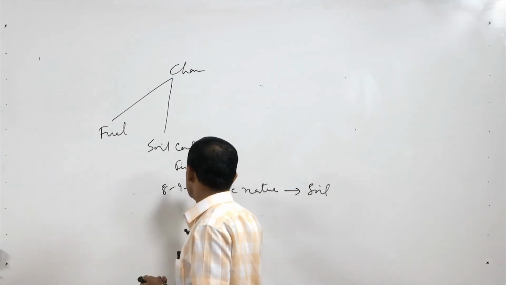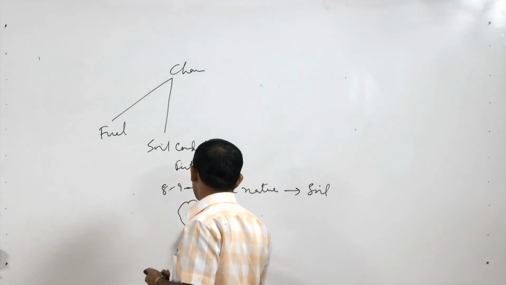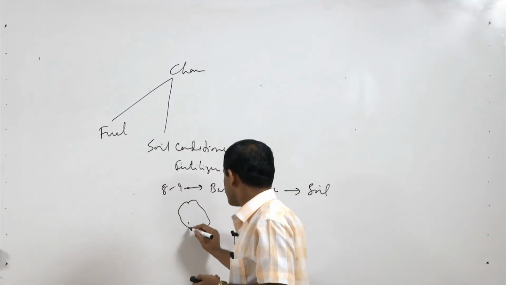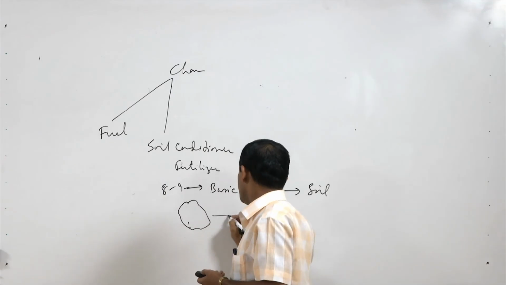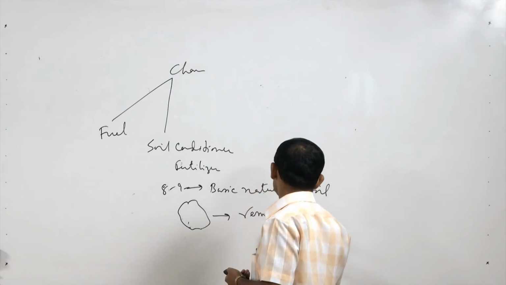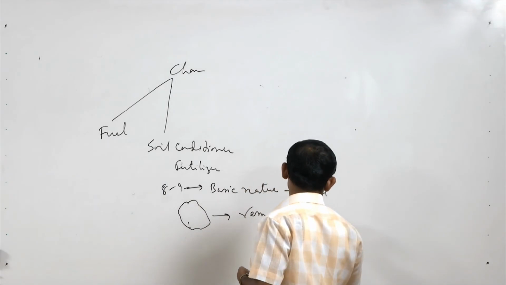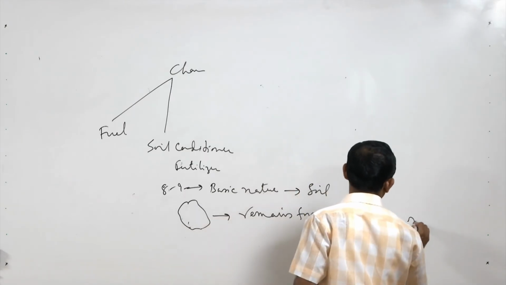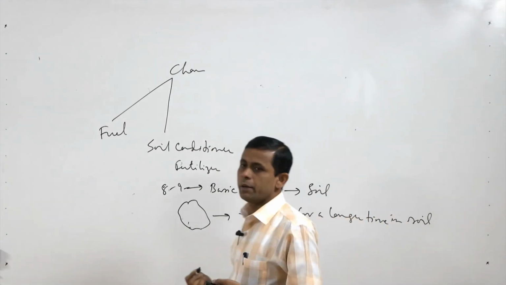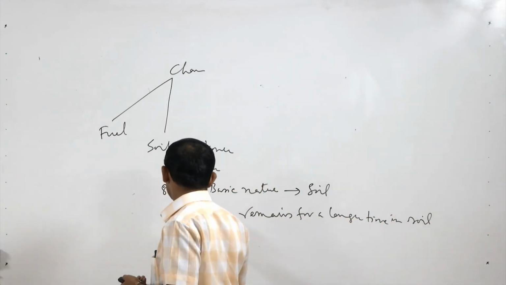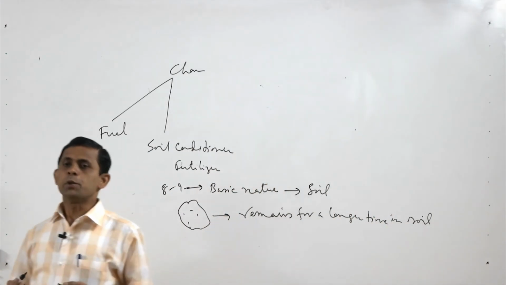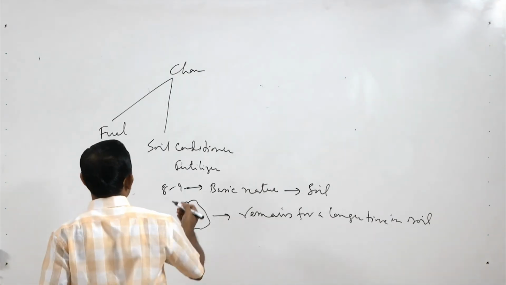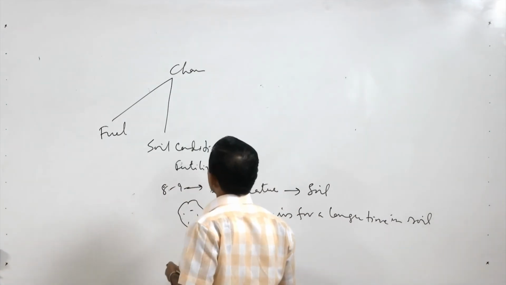So, highly porous carbon is present in this char, and this porous carbon remains for a longer time in soil. As a result, it helps the diffusion of oxygen into the soil. So, that way it helps as soil conditioning.